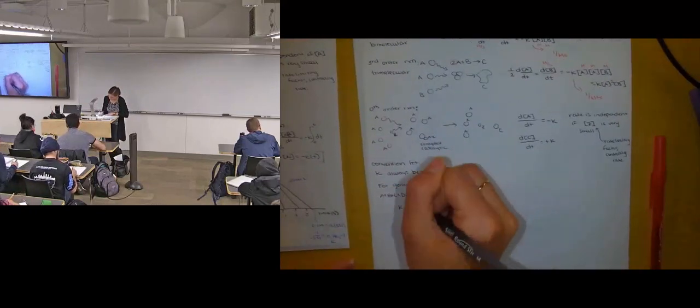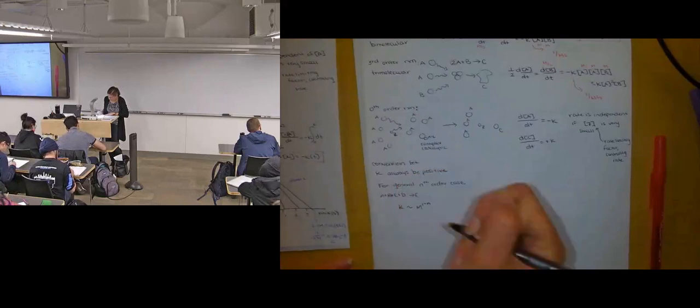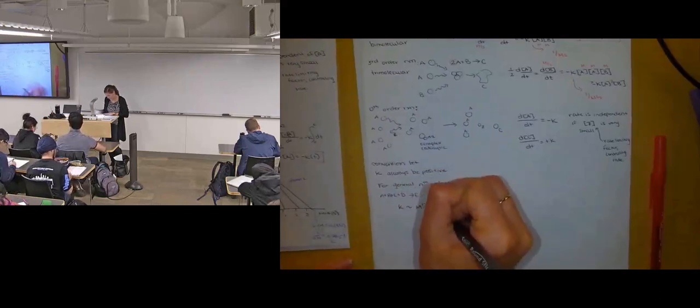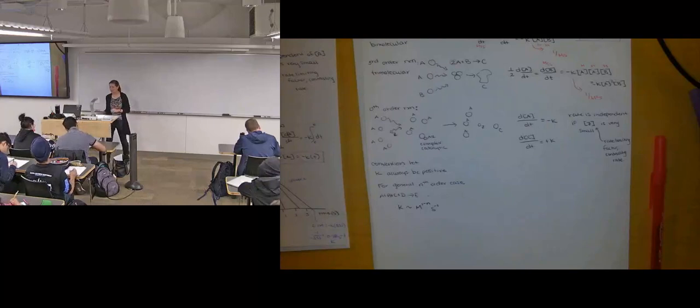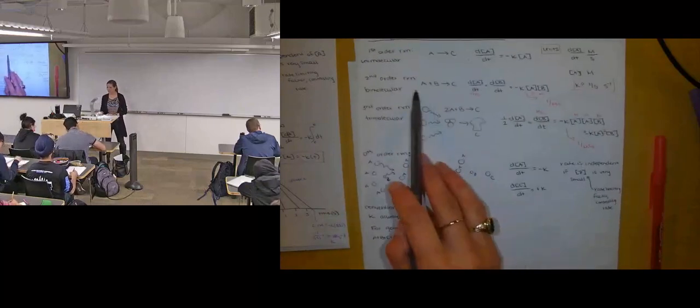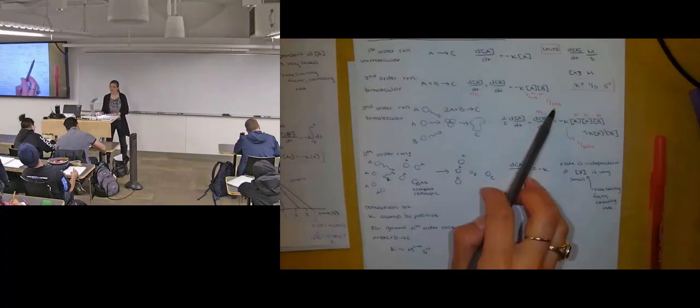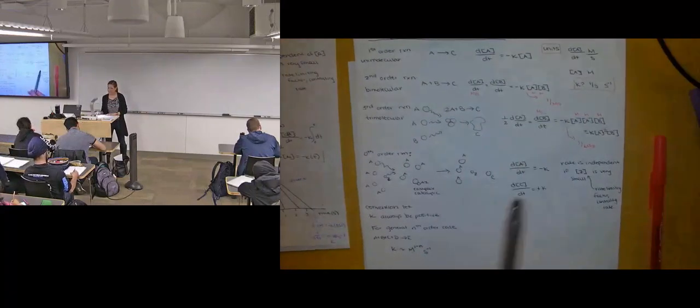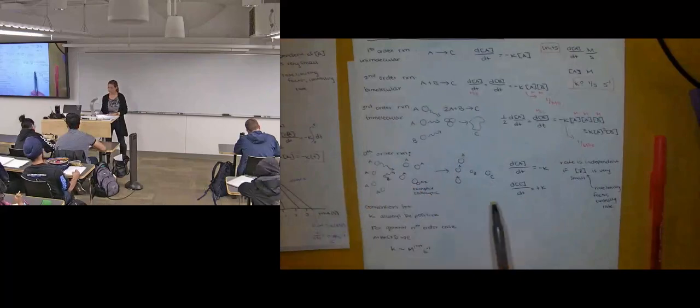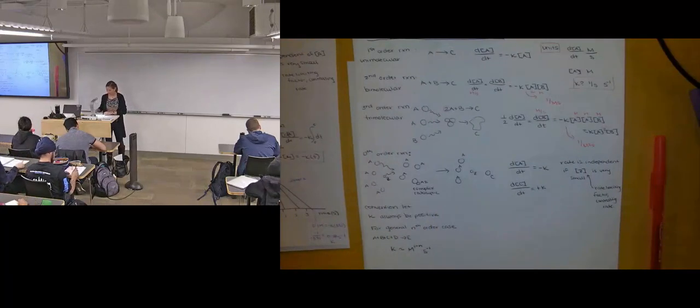For this general case, k is going to have units of M to the 1 minus n, s to the negative 1. So seconds is always going to be in the bottom, and what else has to be in the bottom is basically 1 less than the n that we're at. So up here we were at second order, n is 2, so we have 1 minus 2, M to the negative 1, M in the bottom. Same thing here, n would be 3, 1 minus 3 would be M to the negative 2, that's molar squared in the bottom. It's just our generic keeping track of our units.